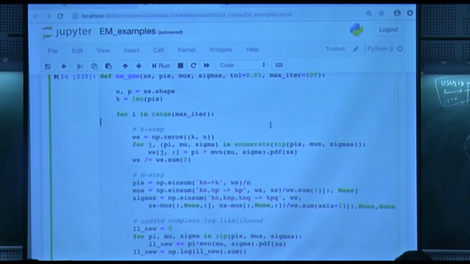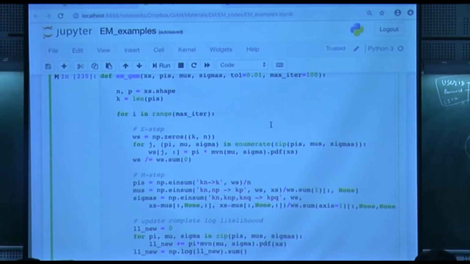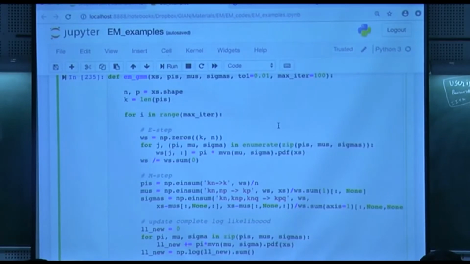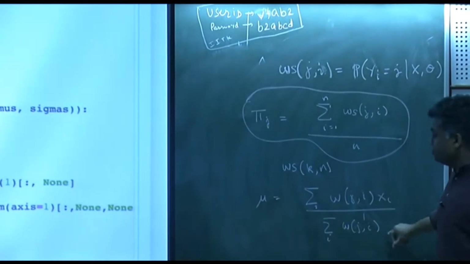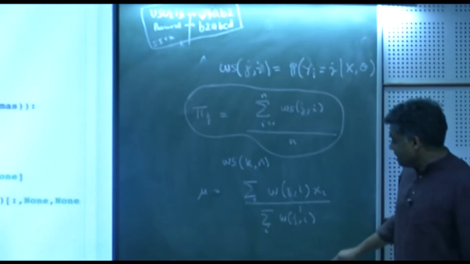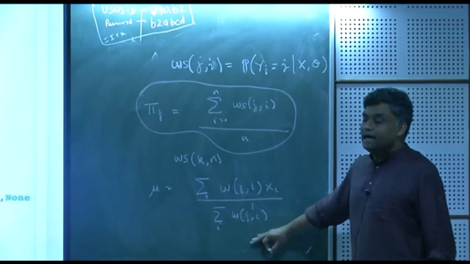So again, the new mu will turn out to be the summation of W_ji x_i divided by the summation of W_ji over i. These are just fancy ways of computing these summations.